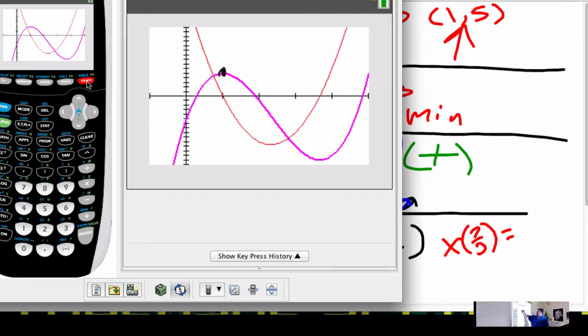Notice that the local max occurs when this is at the x-intercept. Notice that the minimum occurs when this is at the x-intercept.